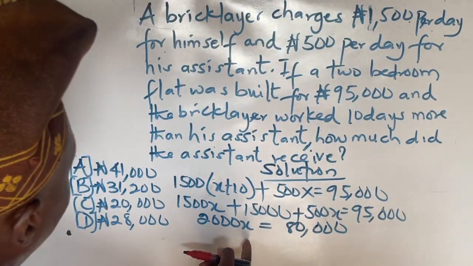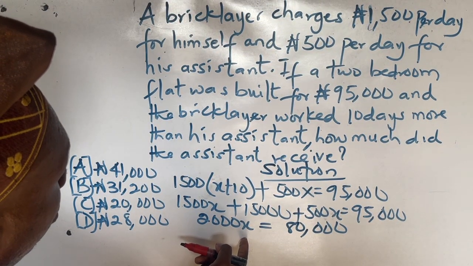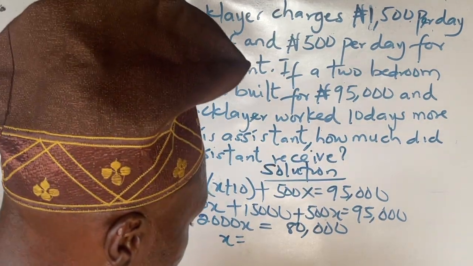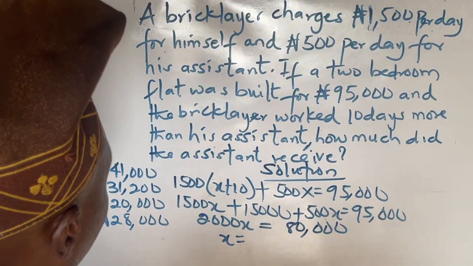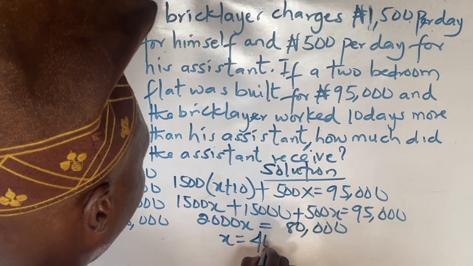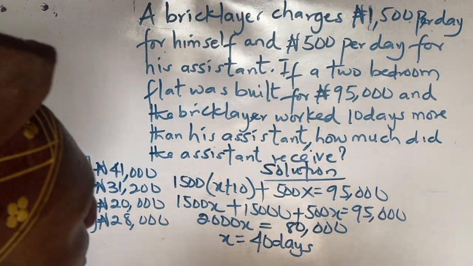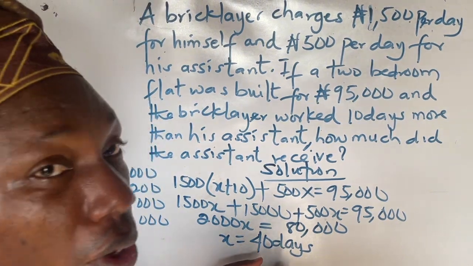So when we divide both sides by 2,000, our x will be 40 days. That means that the number of days the assistant worked is 40.